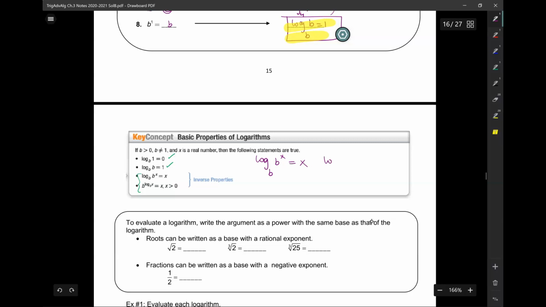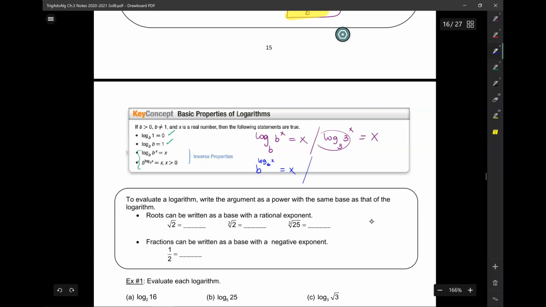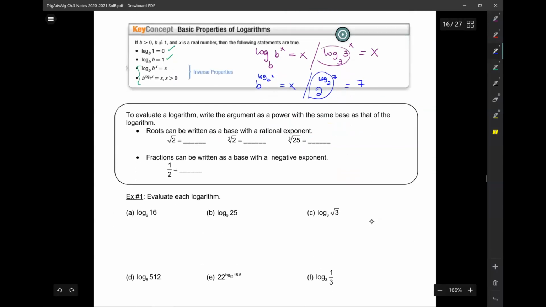So for example, if I have log base 3 of 3 to the x, these go away and my answer is just x. Another one that I need you to take as truth for the time being is if you have a number to the power of log base b of x, that's also x. So for example, if you have 2 to the power of log base 2 of 7, these go away and you just have 7. All right, guys, let's do a couple of these.